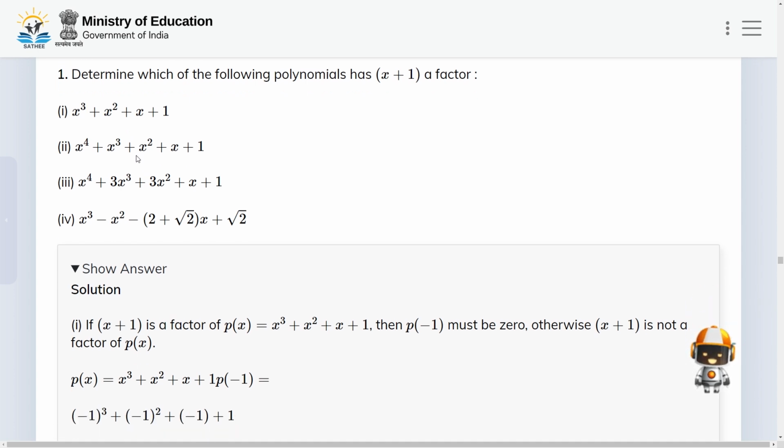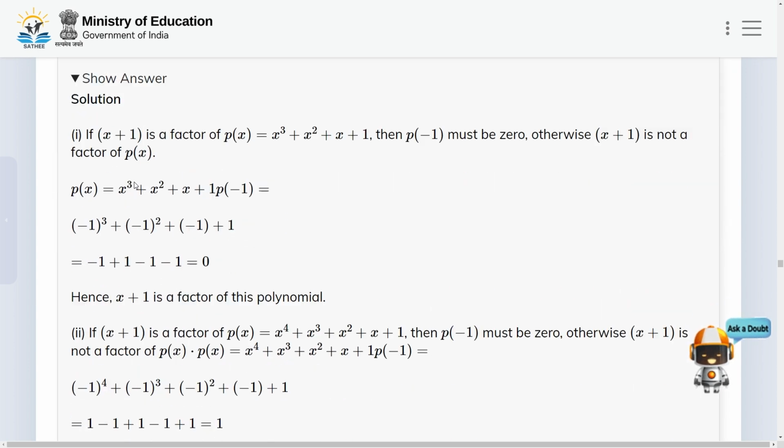In the second one, we have x to the power 4 plus x cube plus x square plus x plus 1. First of all, let p of x equal x to the power 4 plus x cube plus x square plus x plus 1.